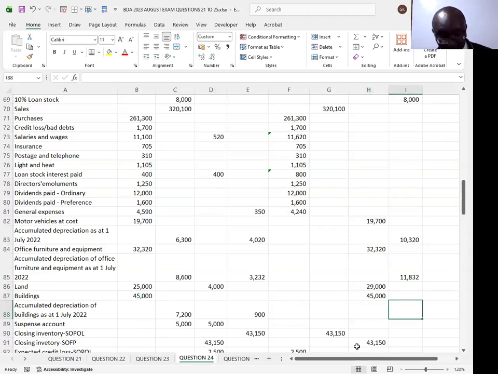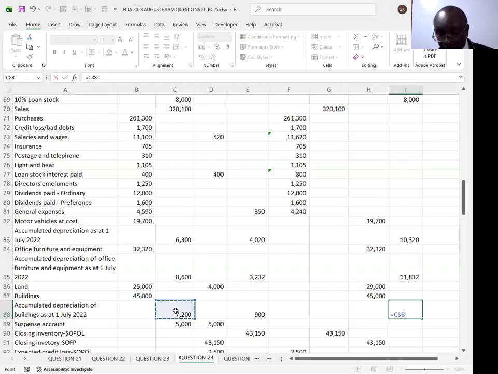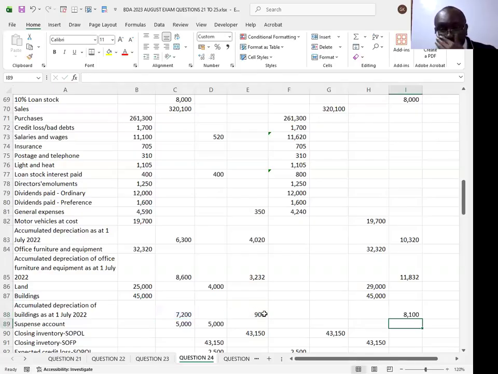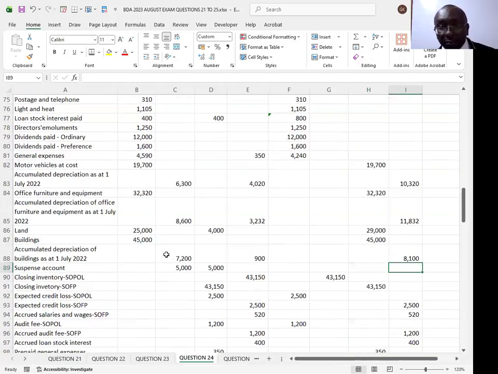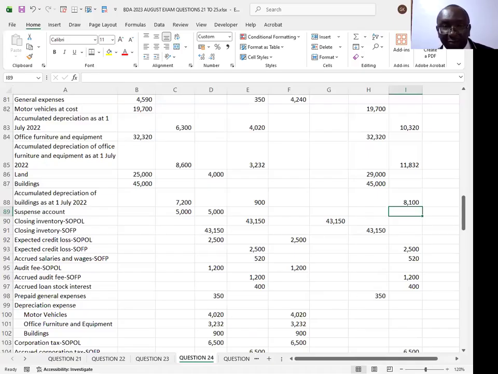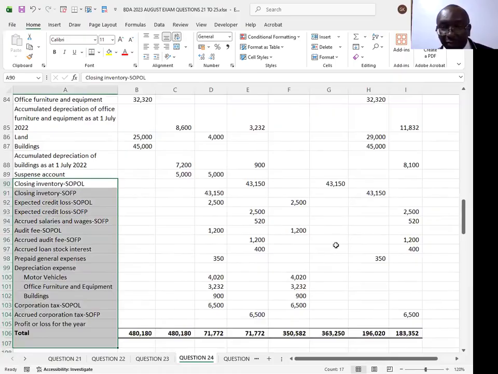Accumulated depreciation equals this plus this. Suspense account hii ilikuwa imeisha. Suspense account is not there now. Yeah, so I think we have dealt with everything because sasa hizi zingine kuanzia hapa hizi tulikuwa tunapeleka mpaka mwisho.